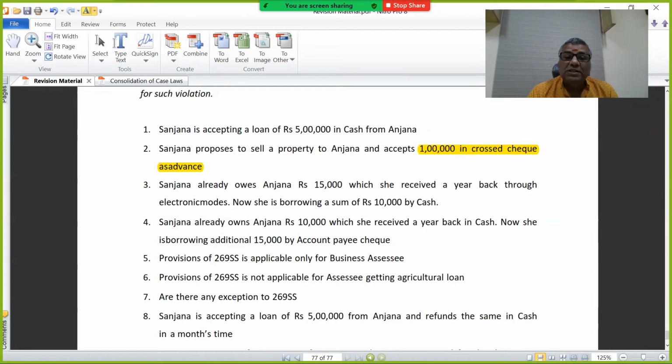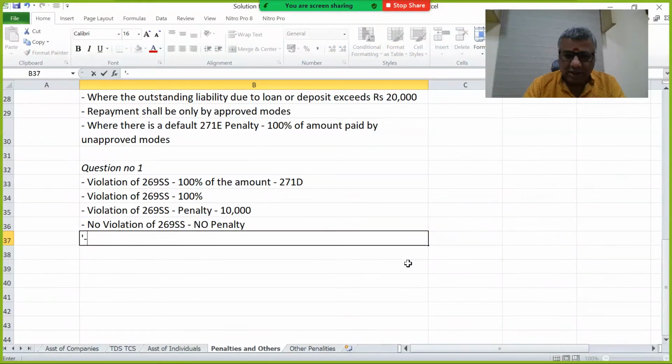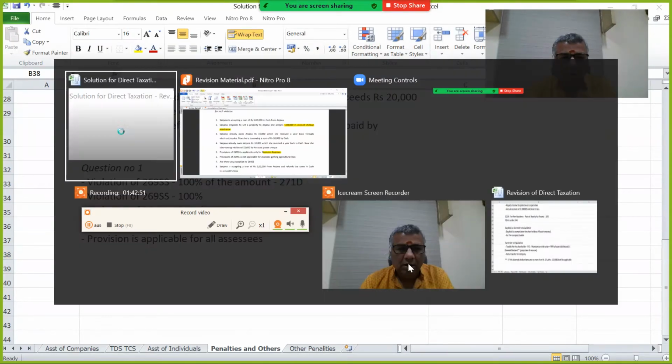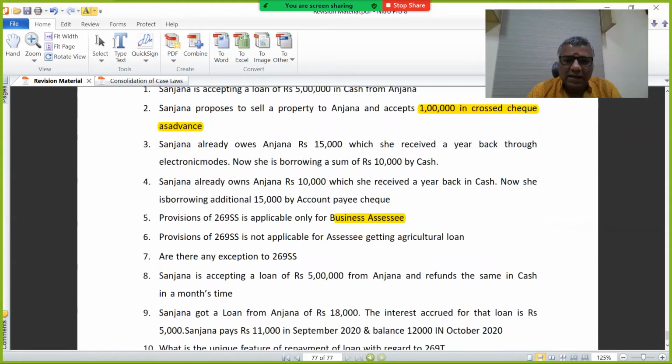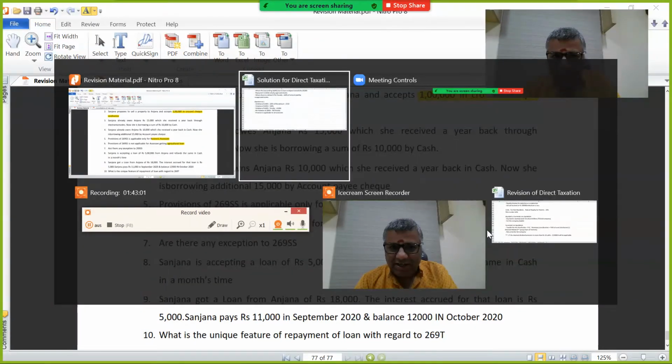Provision of 269SS is applicable only for business associates, is that right? No. The provision is applicable for all assessees, not just business associates. Provision of 269SS is not applicable for assessees getting agricultural loans, is that right? We never said so.